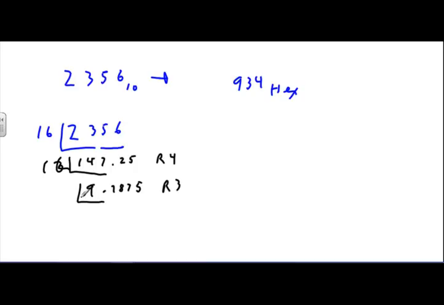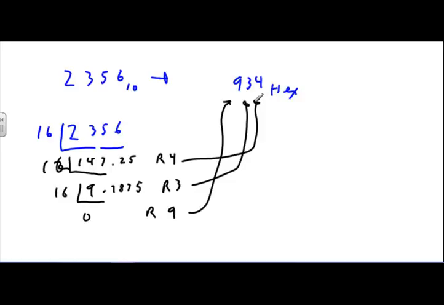Then I divide 9 by 16, which is 0, remainder 9. So there's my 9, my 3, and my 4. I still need a calculator to divide by 16, because I can't do it in my head. If I have a calculator that doesn't change it directly to hexadecimal, I could do it that way.